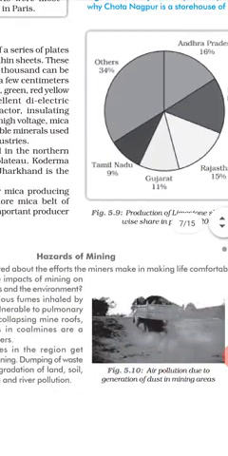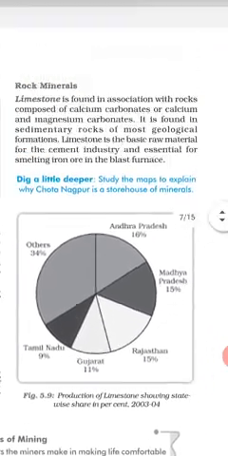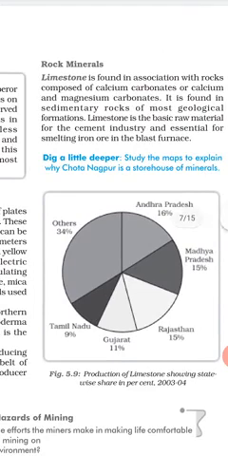Now let us move further and discuss limestone. You all know that cement is made with limestone, and it is used in other things also. It is found in association, meaning combination, with rocks composed of calcium carbonate, or calcium and magnesium carbonate.